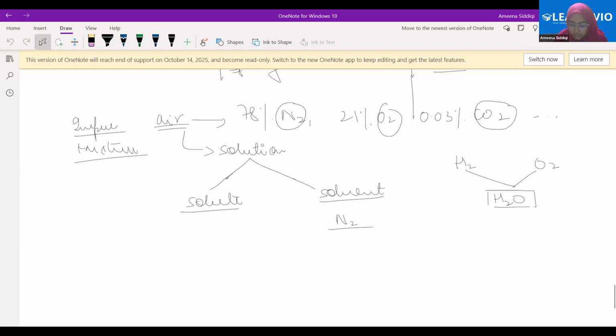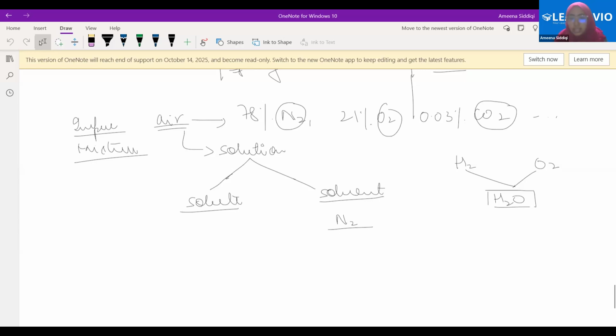Nitrogen is 78%, and solvent means the more. Good. Therefore, it is the component of the air which is the most in quantity. Therefore, it acts as the solvent to the mixture which is air.